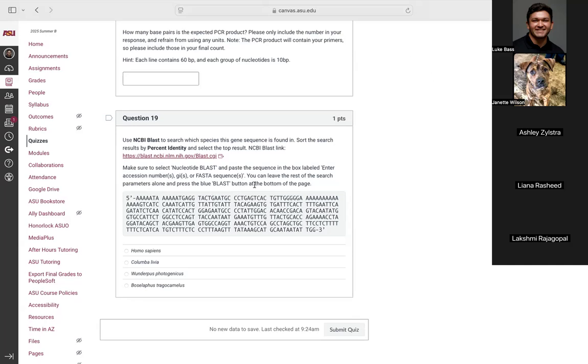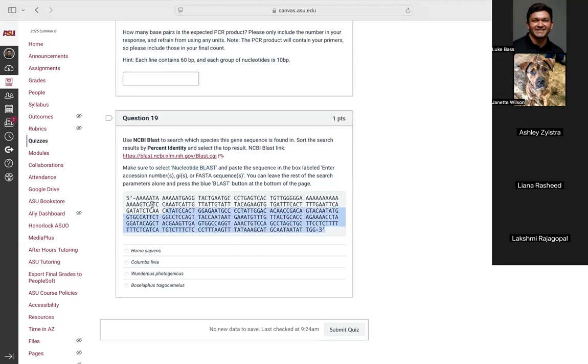But okay, Lakshmi, I'm glad that it works. What you'll do, there's also a link on the previous page for recitation 8 that gives you directions, like a little guide on how to use Blast. You'll be doing a nucleotide blast, which is a selection that you can make on that web page.